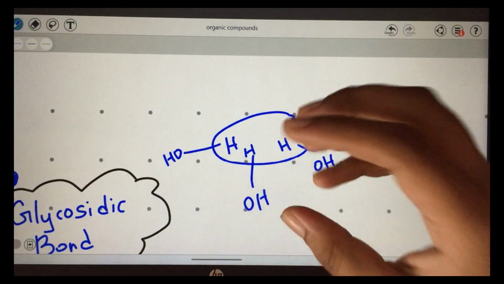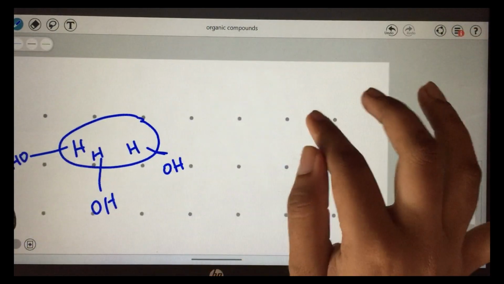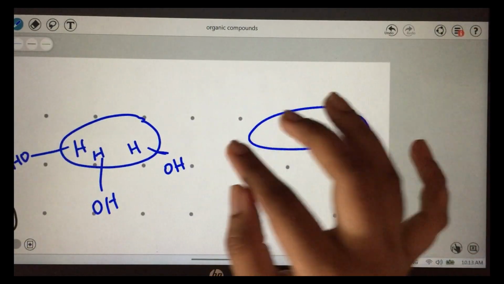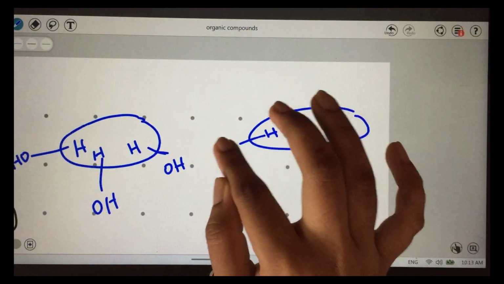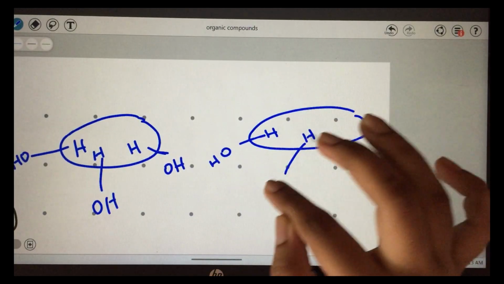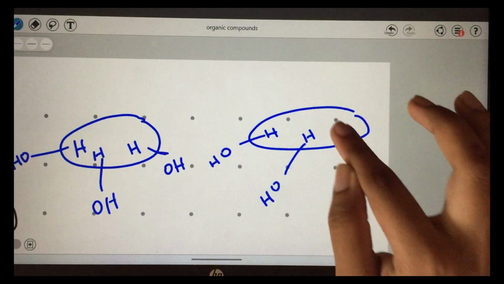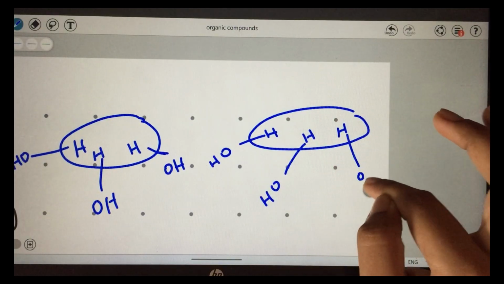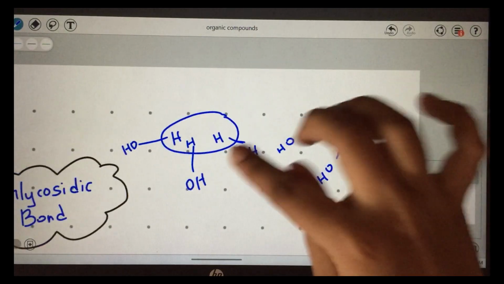When this glucose molecule binds with another glucose molecule, which is similar, in their whole form they are going to have groups like this.